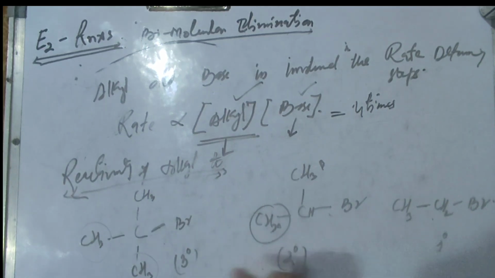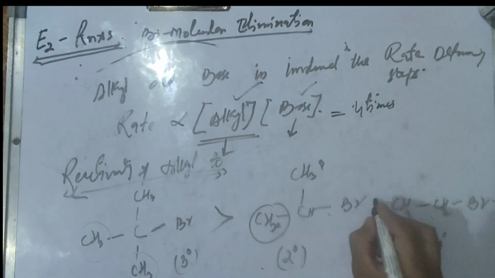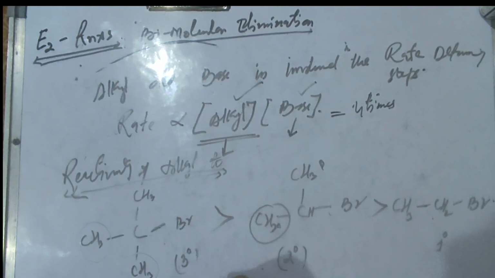So a more stable alkene will be formed from the tertiary, followed by secondary, and then primary. That means the order of reactivity is tertiary, followed by secondary, then primary.